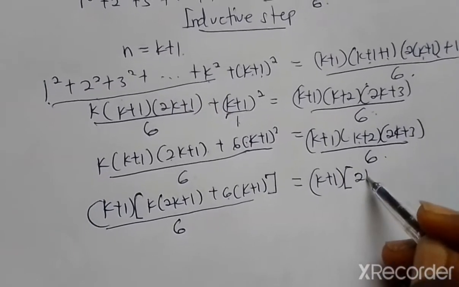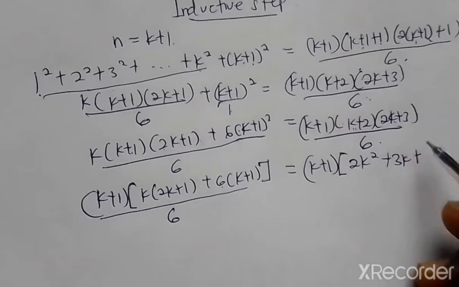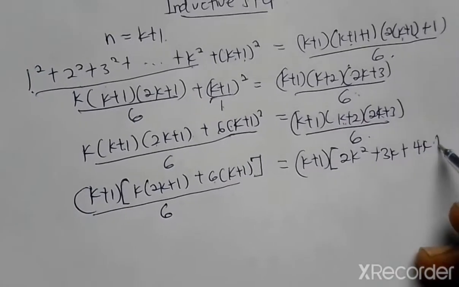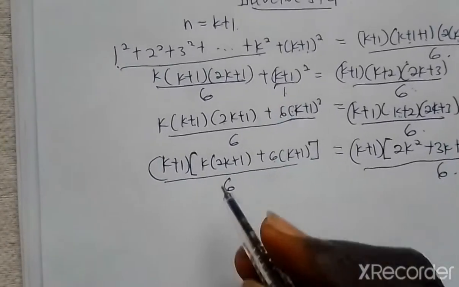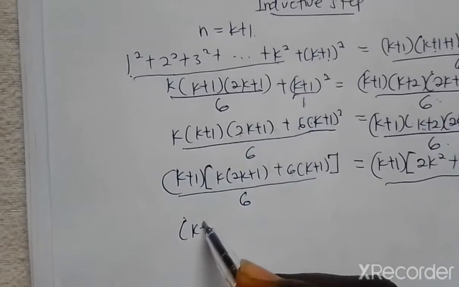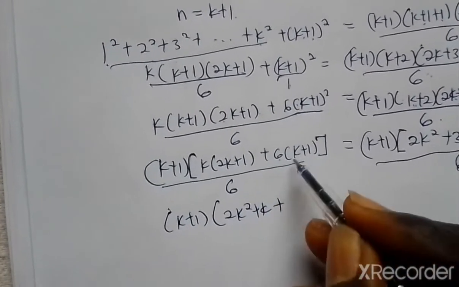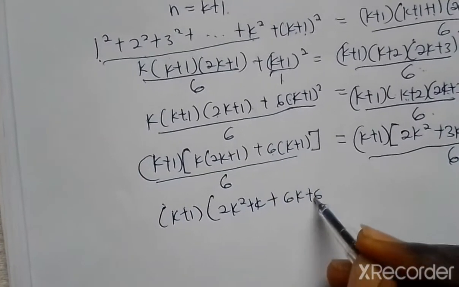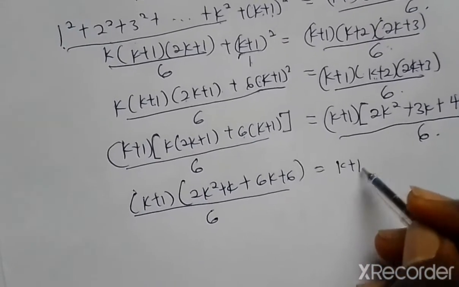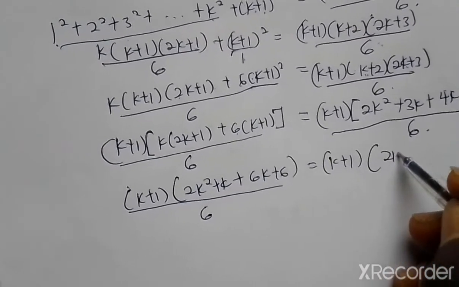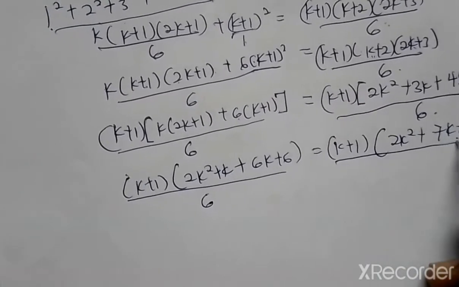Here we have 2k squared plus 3k plus 2k, plus 4k, then plus 6, all over 6. At this point, we move straight to our simplification, k plus 1 out. Then here we have 2k squared plus k, plus 6k plus 6, all over 6, to be equal to k plus 1. Here will be 2k squared plus 7k plus 6 all over 6.